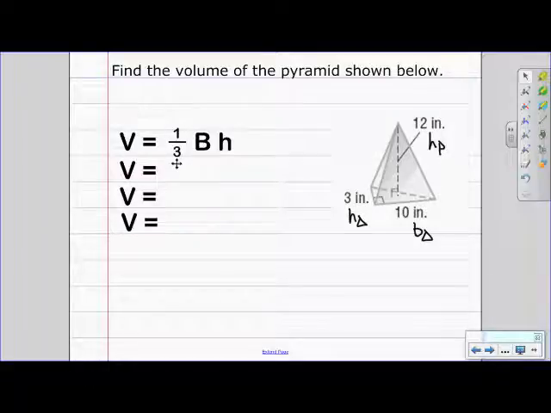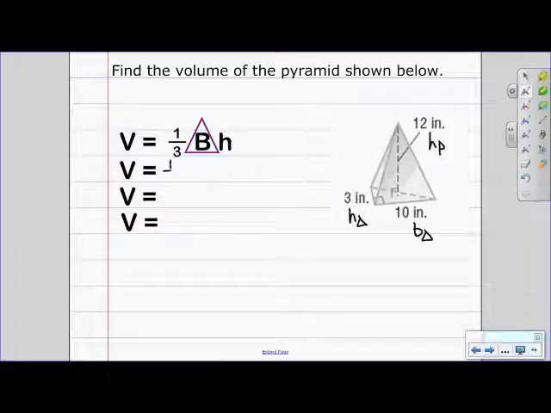So now let's look at the formula. Volume equals 1/3 big B times height. And so big B is the area of the base, and when I look at the base, my base is a triangle. So that means that I will be replacing big B with another formula.